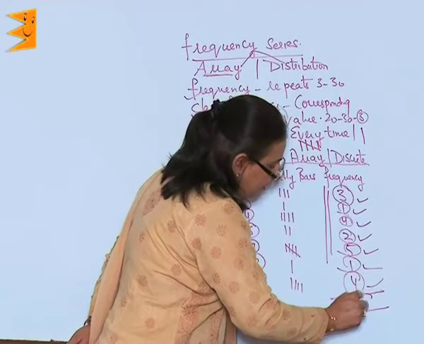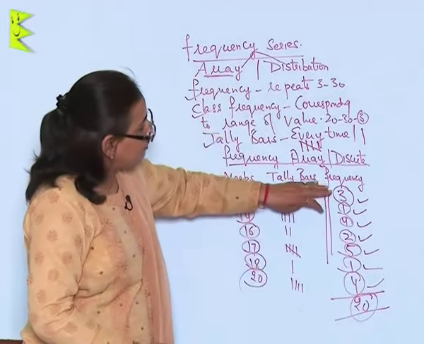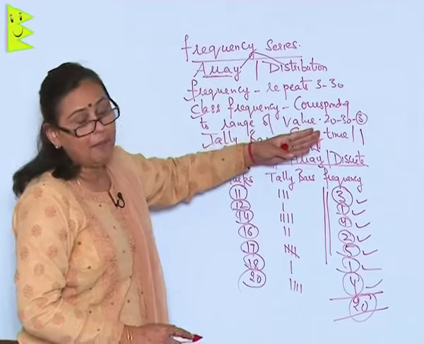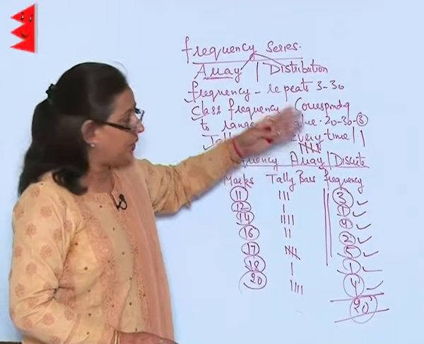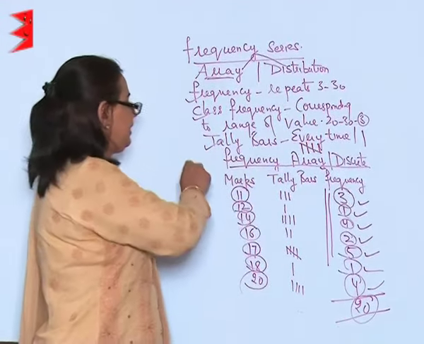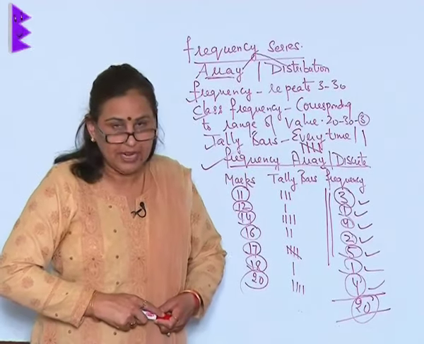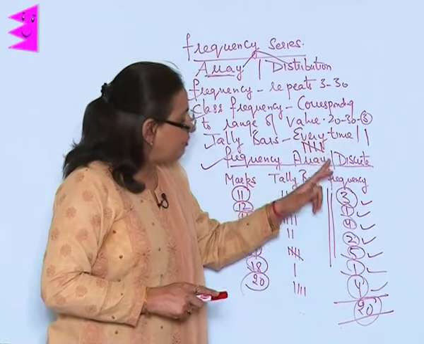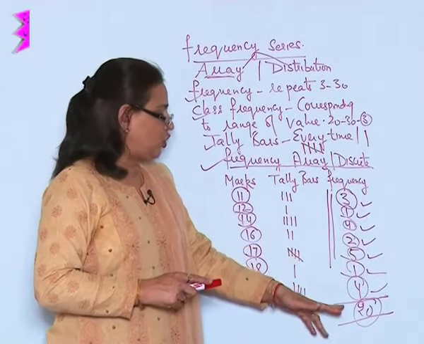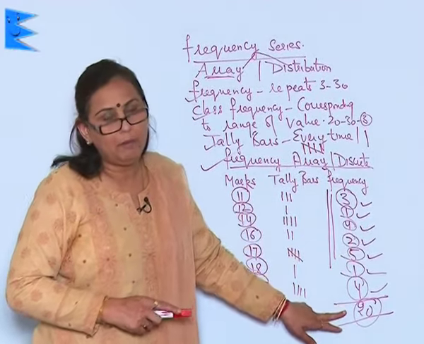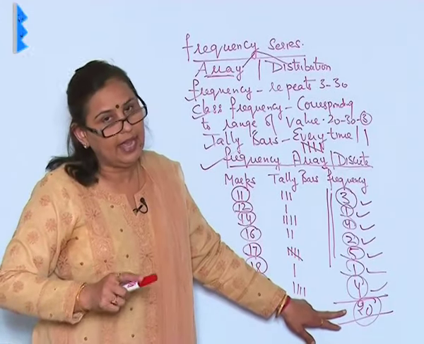When it is 20 and I was talking of the 20 students, if the frequency matches the number of students given in the question, that means it is a correct frequency array discrete series. That is, the frequencies should match the total number of students as required.